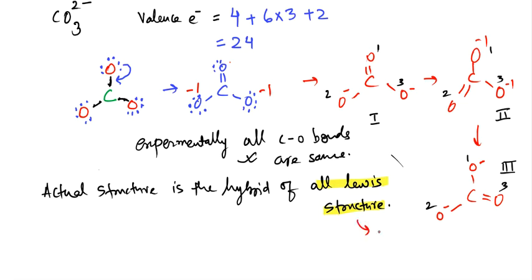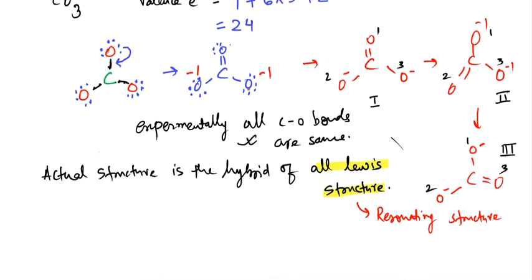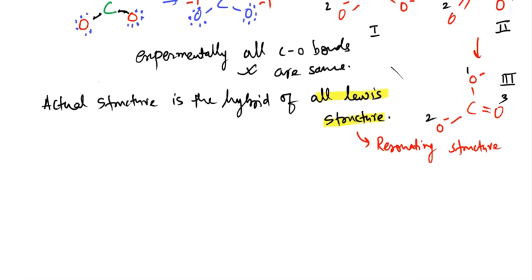So all Lewis structures are basically resonating structures, and the actual structure is the hybrid of all the Lewis structures.